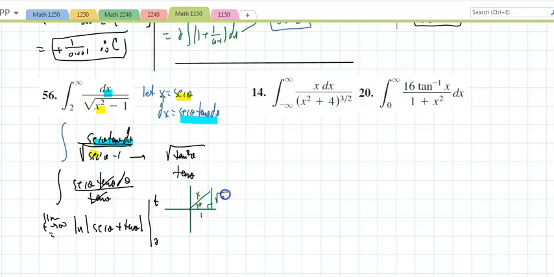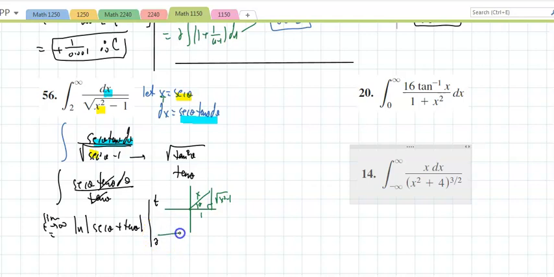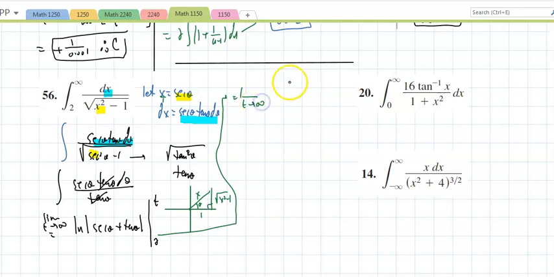That makes this the square root of x squared minus 1. That would become the limit as t approaches infinity of natural log, and let's see. Secant is x, tangent is opposite over adjacent, correct. Perfect.